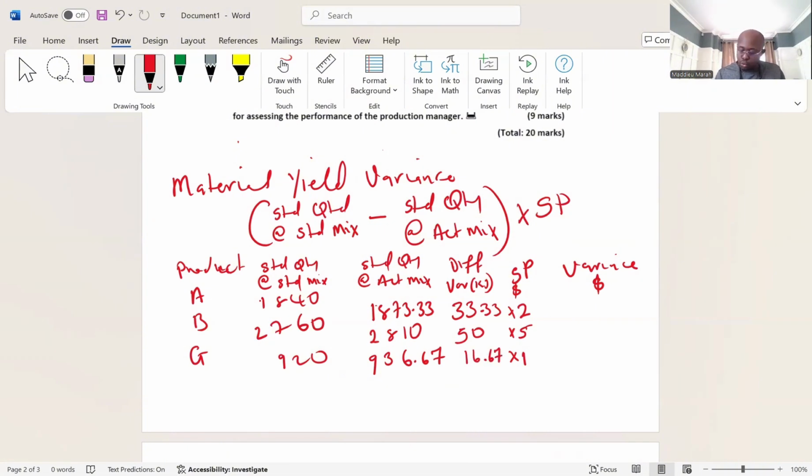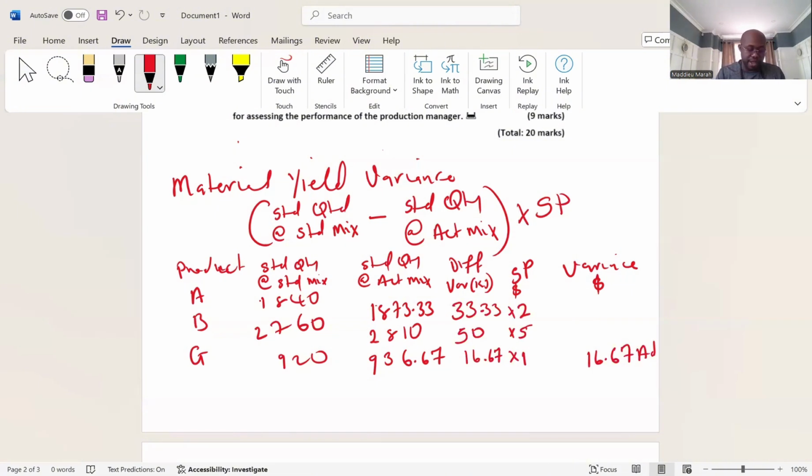Okay, so this will give me adverse variance. We know the adverse and favorable stuff now. The standard quantity at actual mix is greater than the standard quantity at standard mix. So that gives me adverse variance.